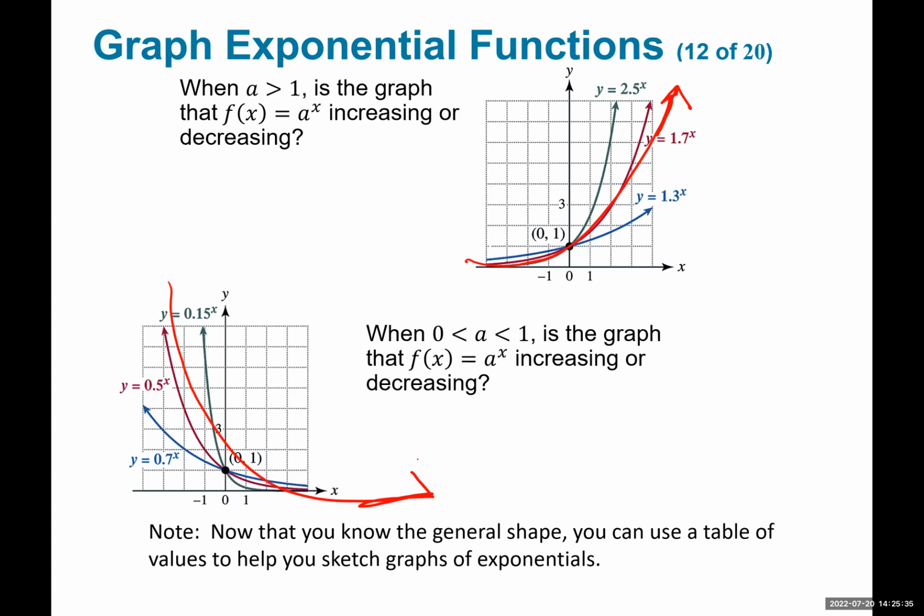And we saw that a couple times already. When it was increasing by 25%, that's why it was 1.25. And when it was decreasing by 20%, that's why it was 0.80. So decreasing is when it's decaying, and 1 point something is when it's growing.